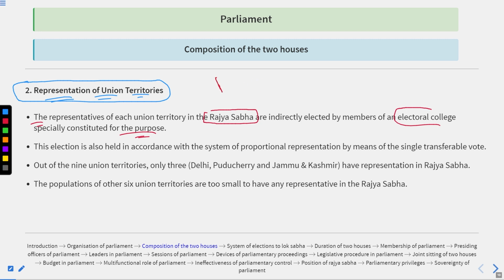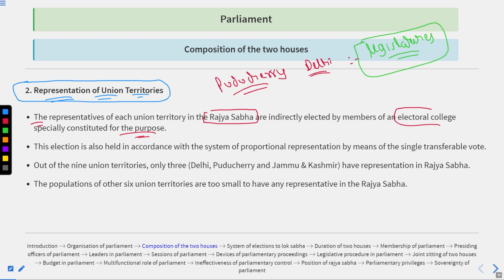Because except Puducherry and Delhi, which have legislatures, the other union territories do not have them. So to confirm uniformity, an electoral college is specially constituted in the UTs for the purpose, to elect the members who will represent them in the Rajya Sabha.